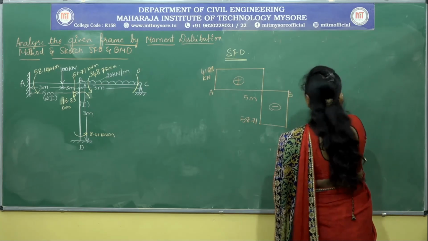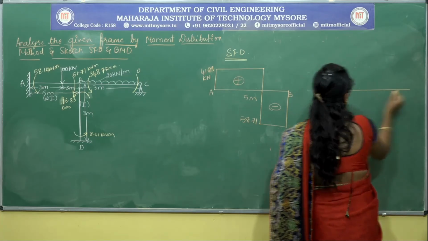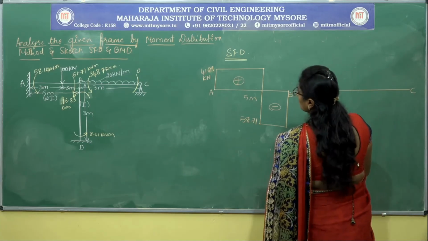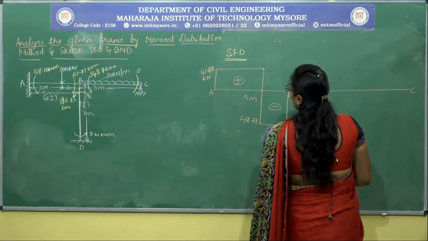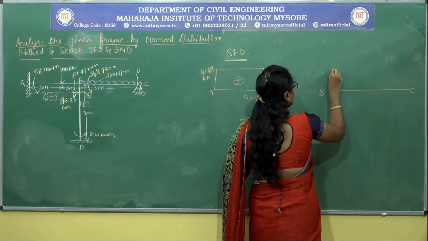Next, for span BC, the reaction at B, that is RBC, is 41.63 positive, so we take it upwards.